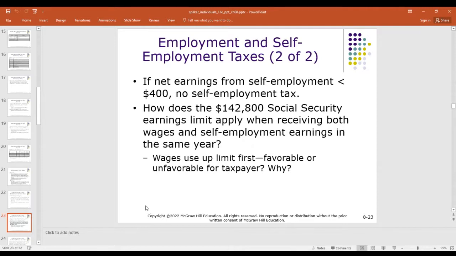So let's take a quick look on page 8-15. Okay, page 8-17, take a look. Assume Courtney's only income for the year is her $18,000 in net self-employment income from consulting.